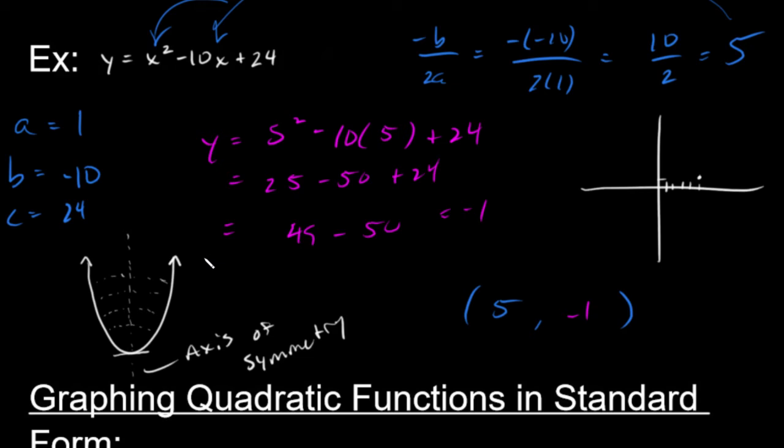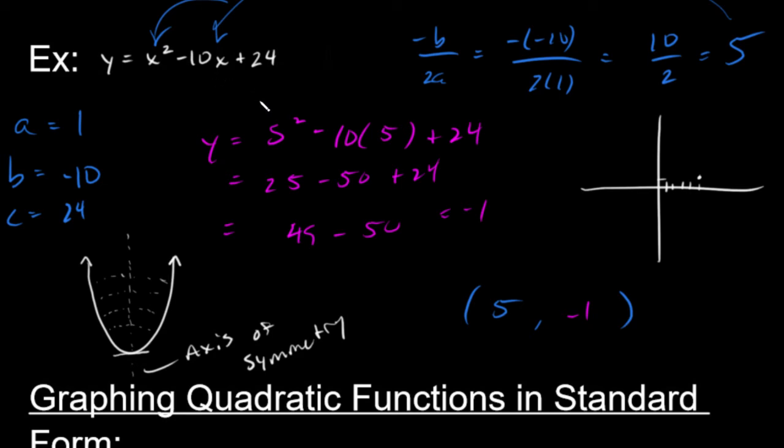Anyway, here's your vertex, and so you'd have a parabola. And right now, we don't know how the parabola looks. Here's the drawback: we can't draw a general idea of the parabola because it's not in the format we understand with transformations.